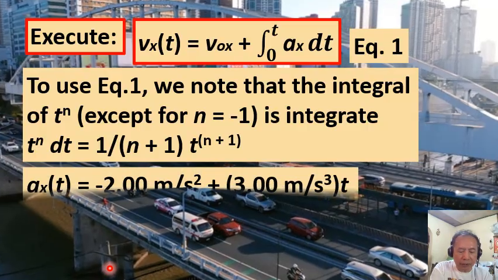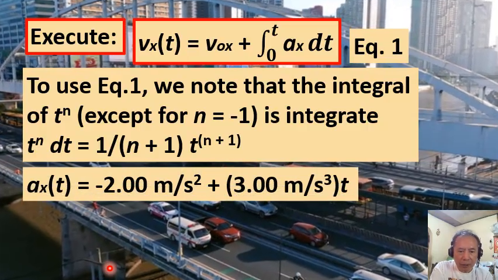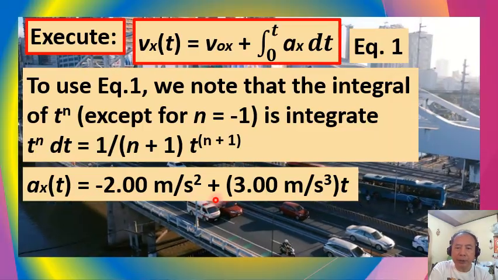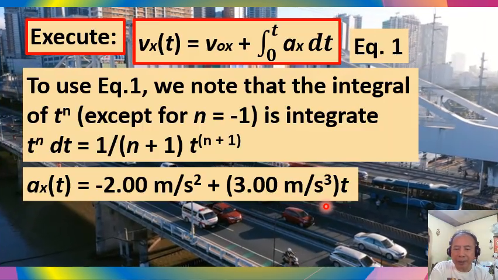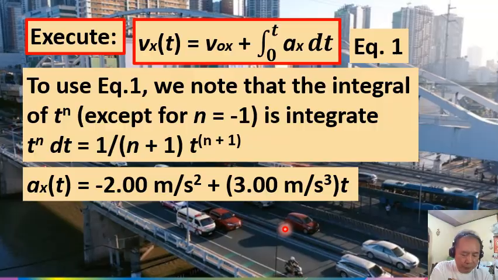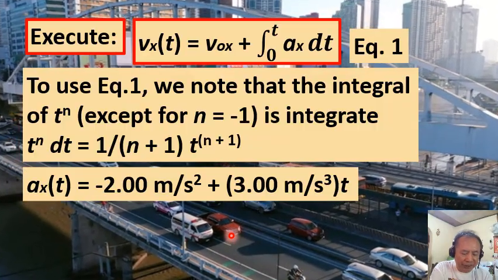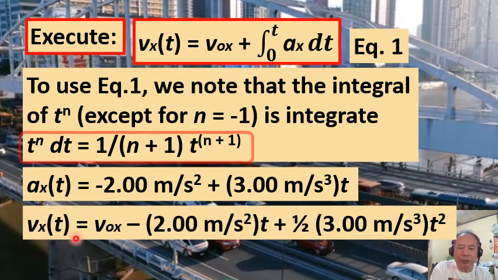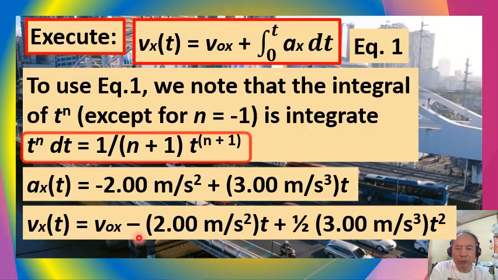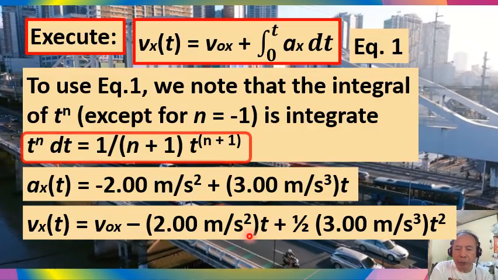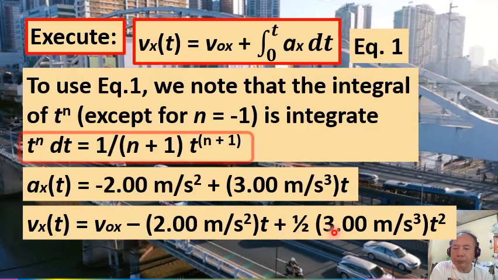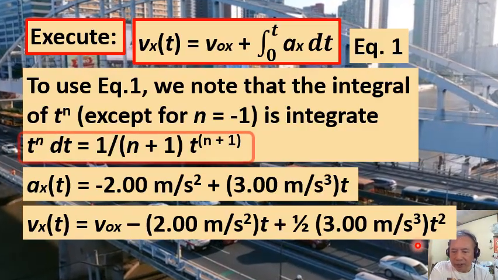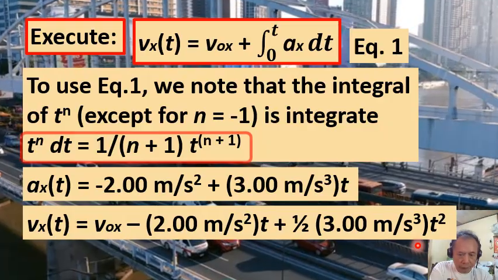So, with the given acceleration a_x at any given time t equals quantity negative 2.00 m/s² plus 3.00 m/s³ multiplied by time t, we find the equation for v_x as a function of time. v_x at any given time is equal to v_0x minus quantity 2.00 m/s² times time t plus 1/2 times 3.00 m/s³ multiplied by t squared.